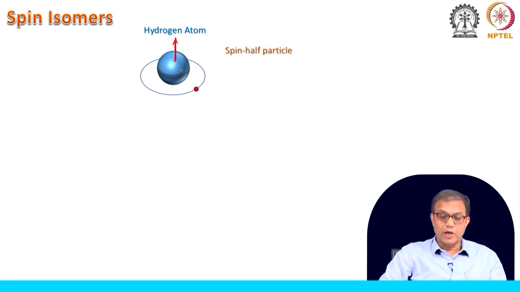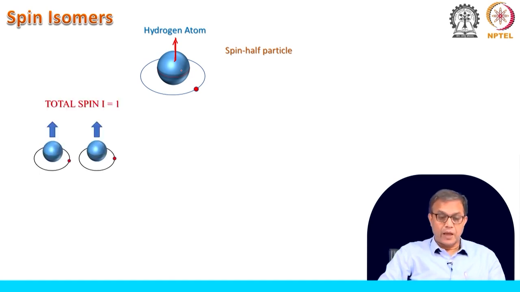So, when we combine these two hydrogen atoms, they are basically spin half particles or fermions, and when they form a hydrogen molecule, they can have a total spin of 1. This combination has both spin up or both spin down, and the degeneracy would be 2I plus 1, that is 3.